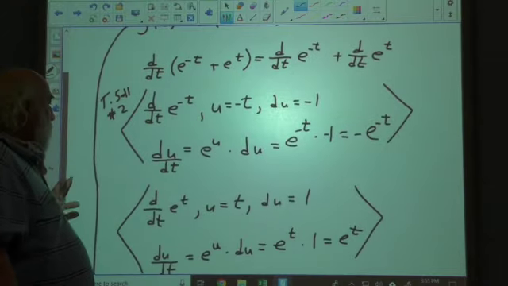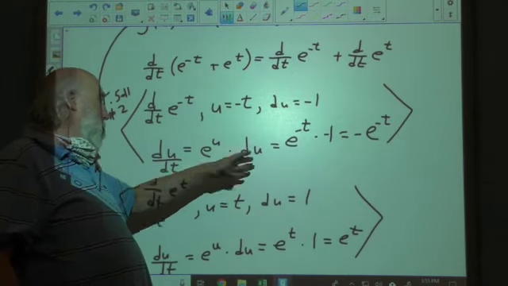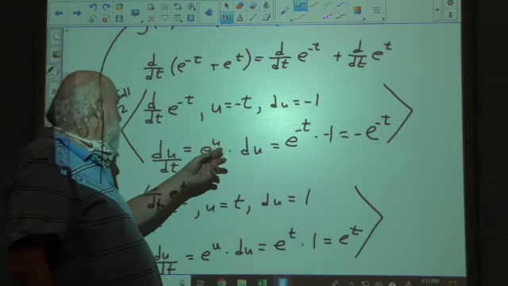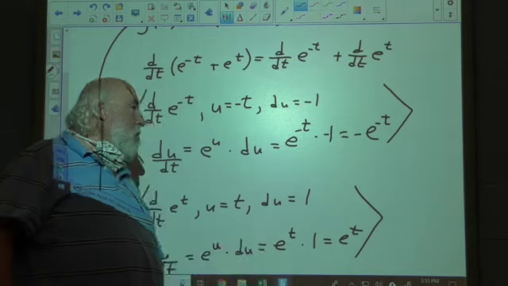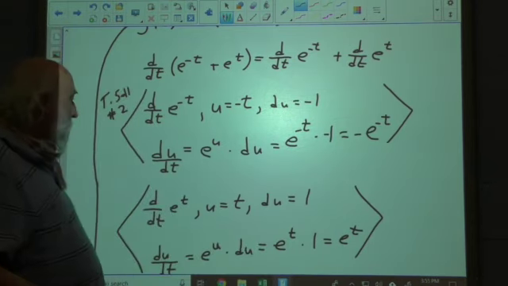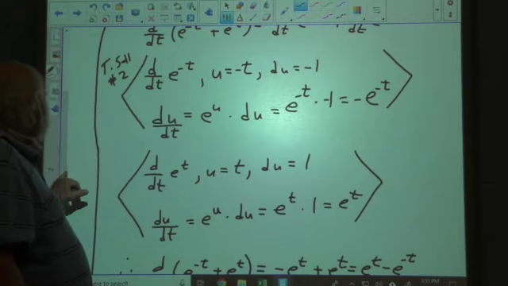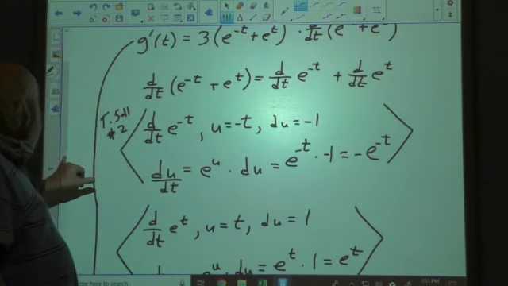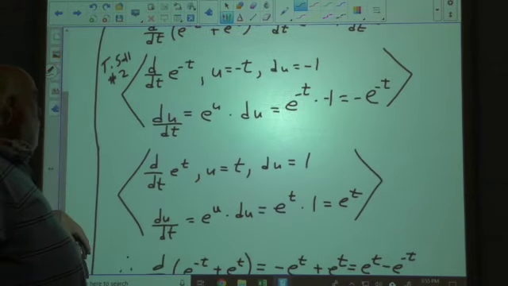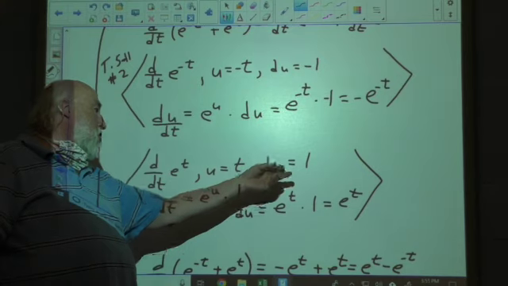As we said, the derivative is e to the u times du, so that becomes e to the negative t, and the derivative of u is negative 1, so that becomes negative e to the negative t power. Do the same thing with this second part, e to the t. The derivative of e to the t, we're going to use u as t, and that means du is going to be 1.